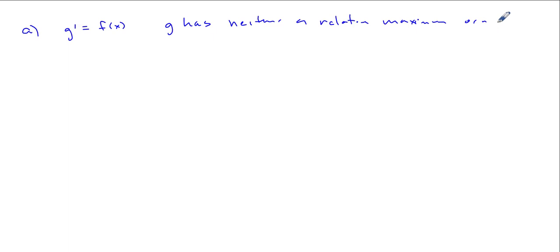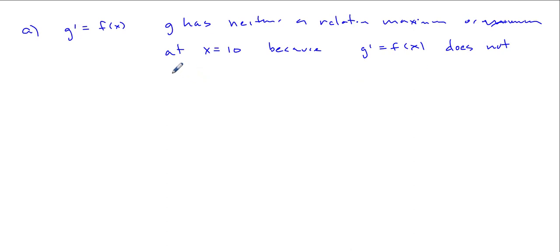Or a minimum. I'll continue with my sloppy handwriting. You guys know what it is. g has neither a relative maximum or minimum at x equals 10 because g prime, which equals f of x, does not change signs.